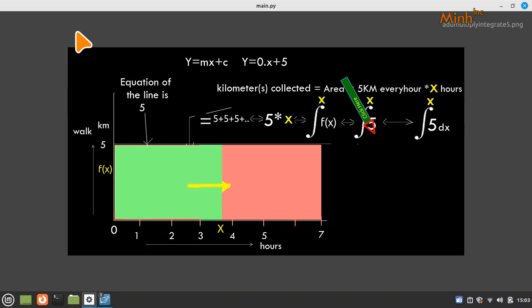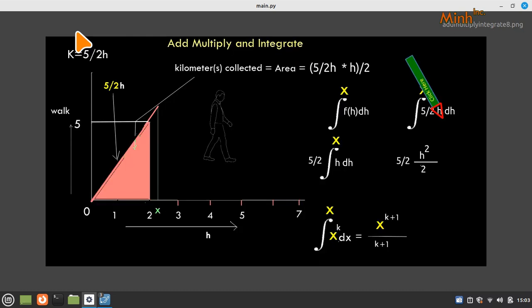So 5 dx is nothing but 5x as the integration, and that becomes only x. If it is h to the power 1, then it becomes h square by 2, that is x to the power k plus 1 over k plus 1. So for k is 0 it is valid, k is 1 it is valid. So this is the area.